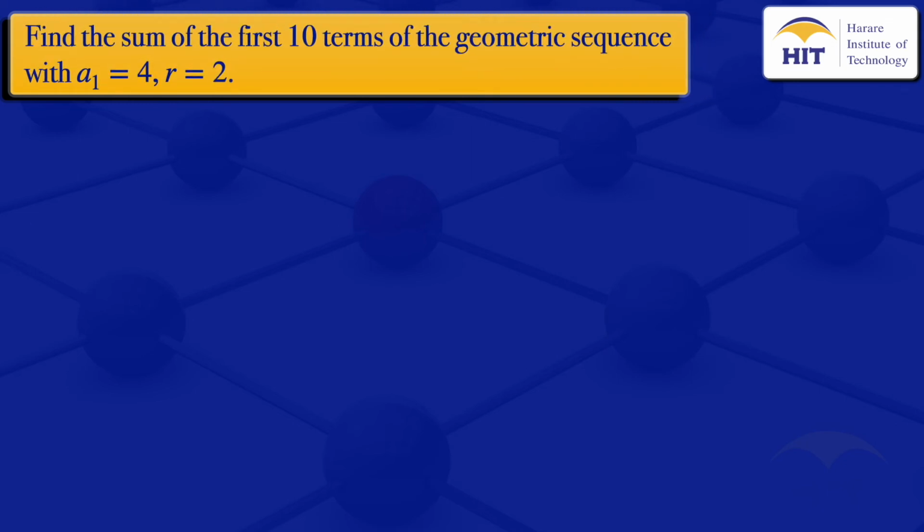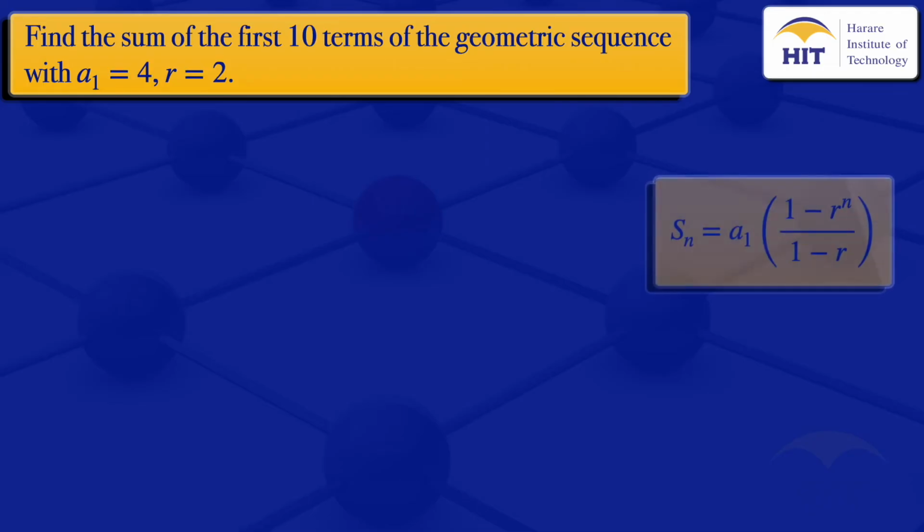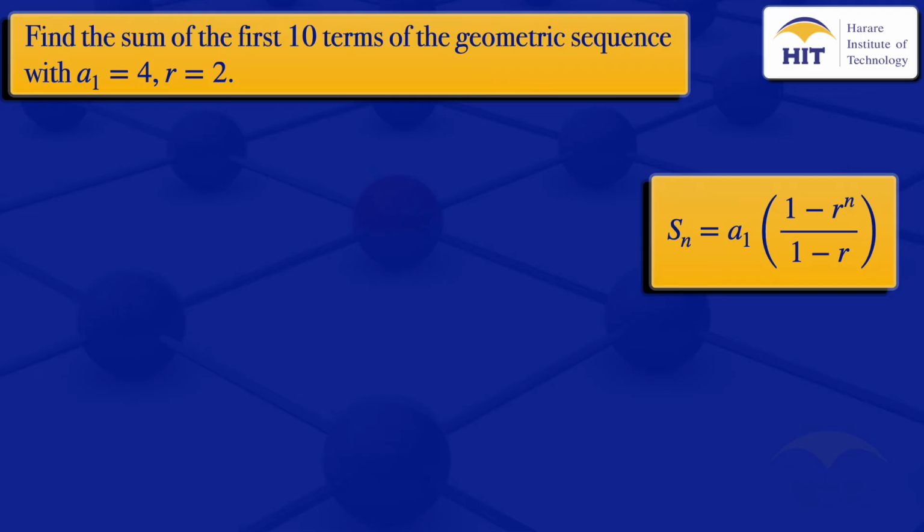I now move on to the second one, where we have the sum of the first 10 terms of the geometric sequence with first term a1 equals 4 and the ratio being 2. For the sum of a geometric sequence, the sum is given by a1 multiplied by 1 minus r to the power n, divided by 1 minus r. Here we want the sum of the first 10 terms, so it's S10.